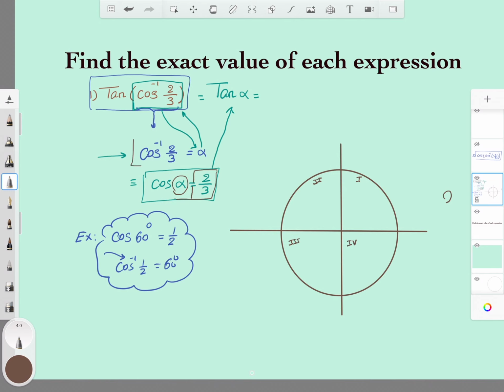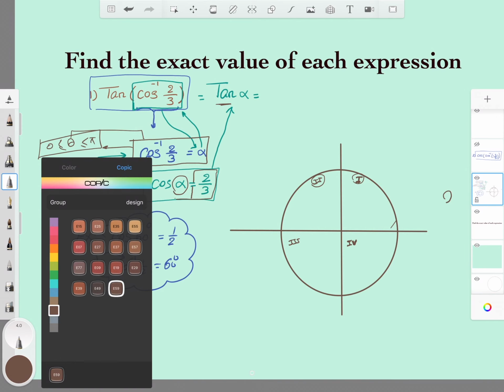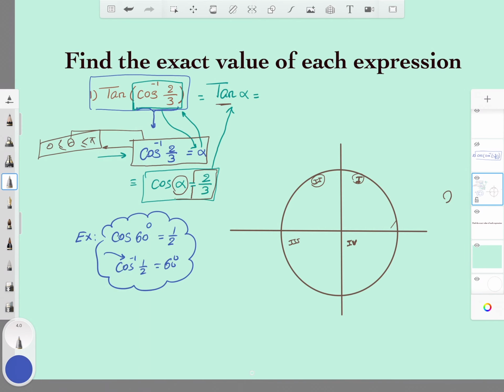We know cosine has an inverse with alpha between 0 and pi. So that means we can make a triangle in quadrant 1 or quadrant 2. And tangent has an inverse on quadrants 1 and 4. Therefore, we will draw a triangle in quadrant 1.